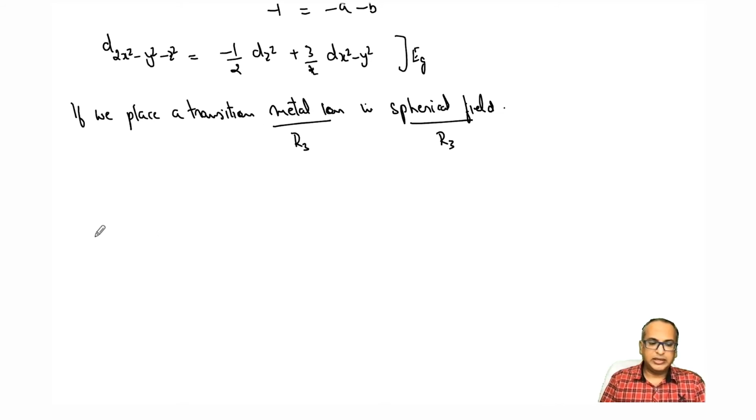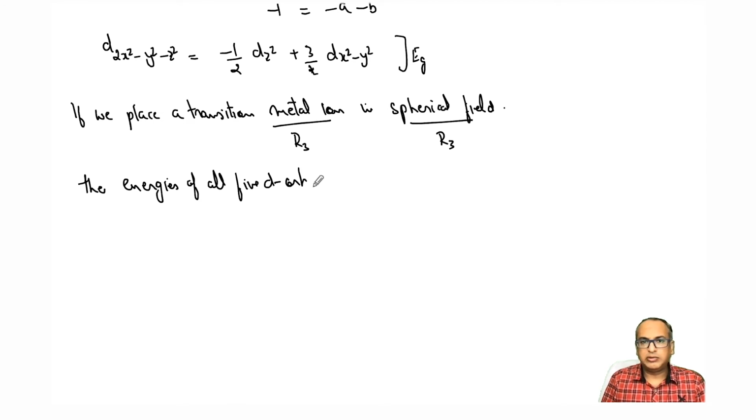So we can say that the energies of all 5 d orbitals would rise together.